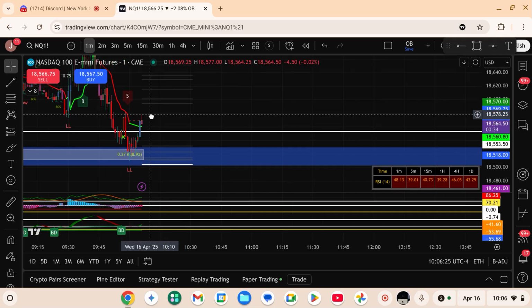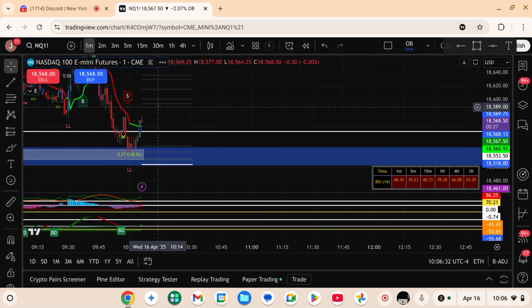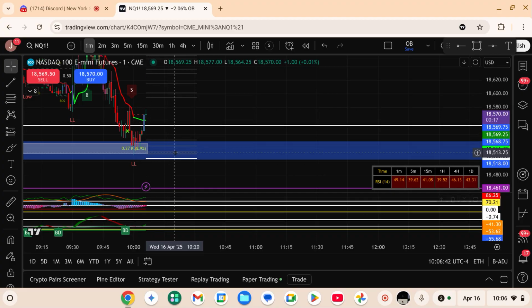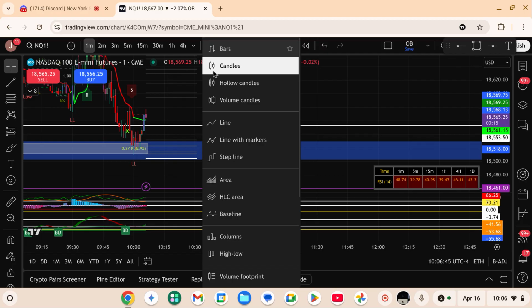Yeah, I'm just not seeing any volume, so I don't want to get too trigger happy, and then it just vacuums right back into here. So we're going to wait and see if we get some volume right here to kick in. Let me see what it looks like on Heikin candles.